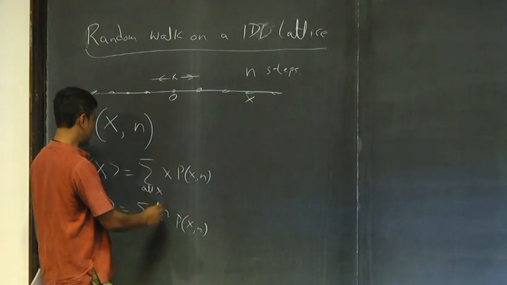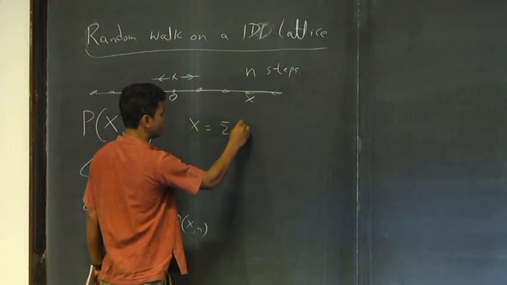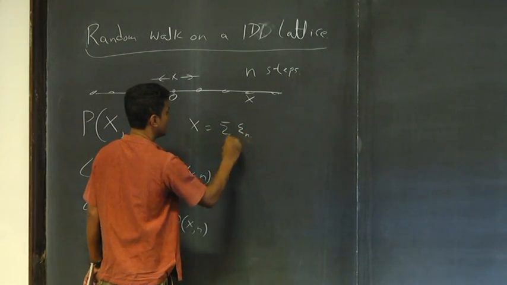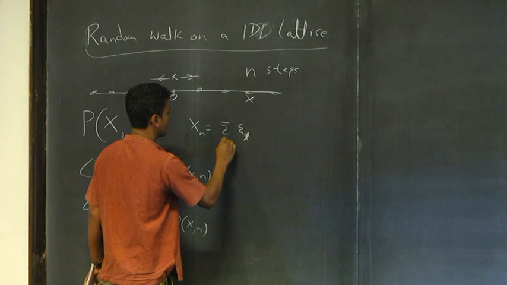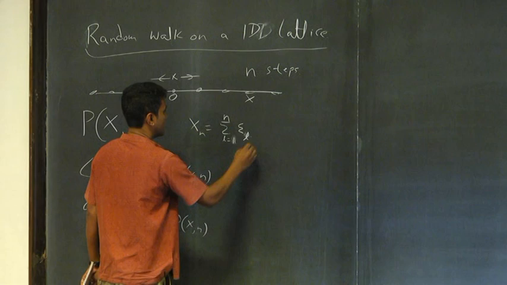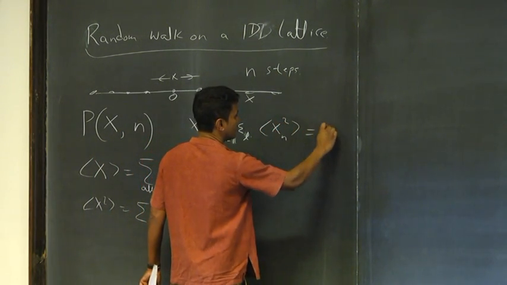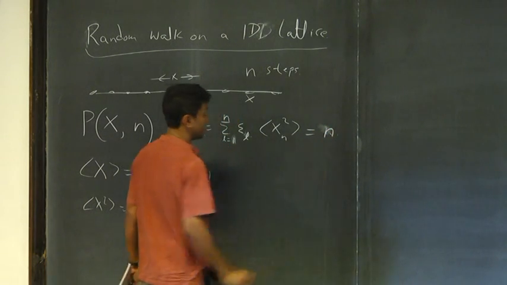And the main interesting point was, if you write x_n as a sum of n random numbers, then it's easy to show that x_n square is exactly equal to n.